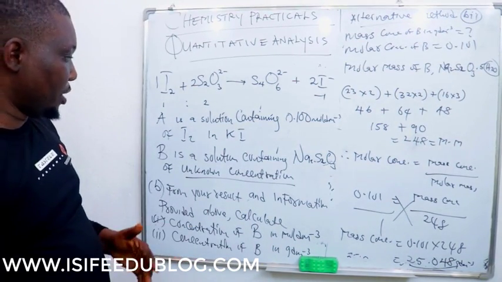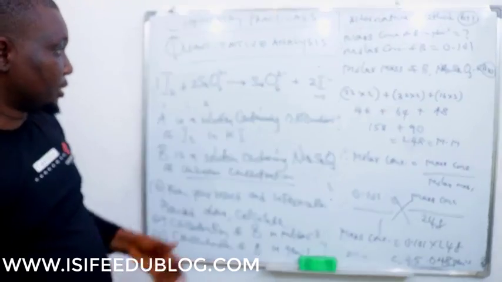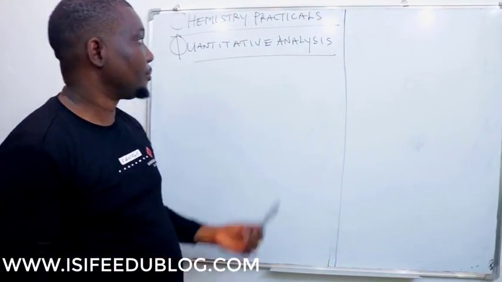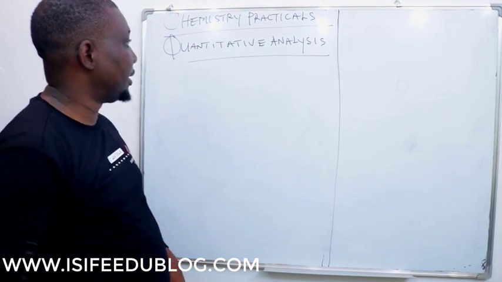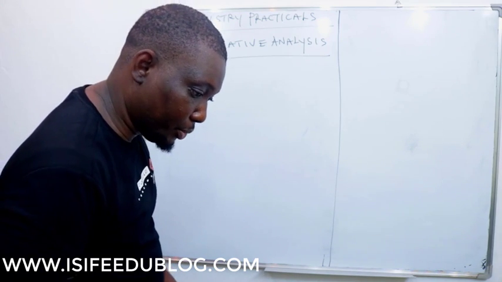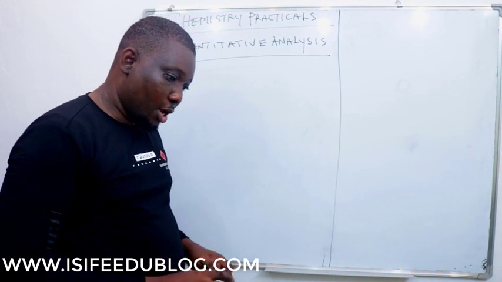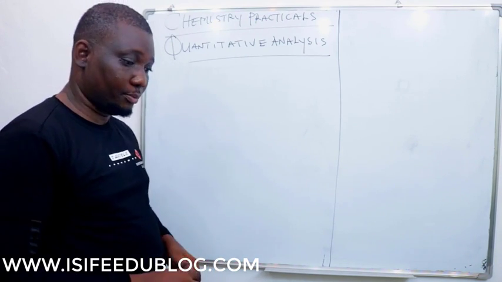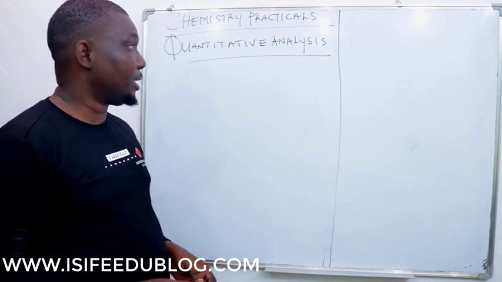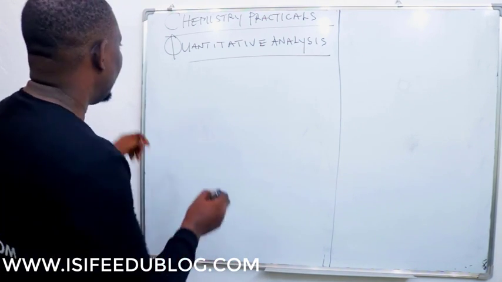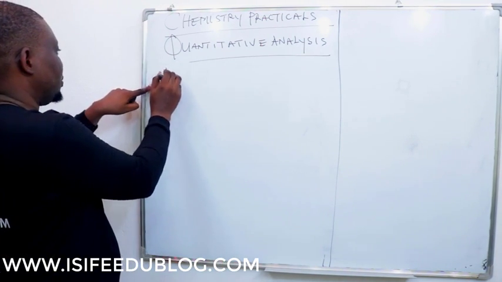I would like you to pause the video and try to see if you can solve it, following what we did previously. Hi viewers, let's look at this question another way. The examiner will want to put the question out there to you. We are still using the same iodometric titration, but this time I'm going to show how we interchange the question.